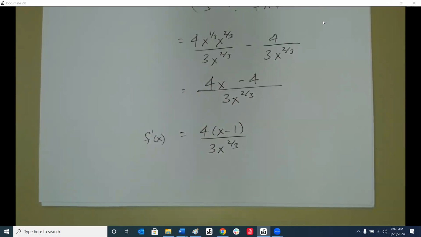Now what do you do with it? Set equal to 0.